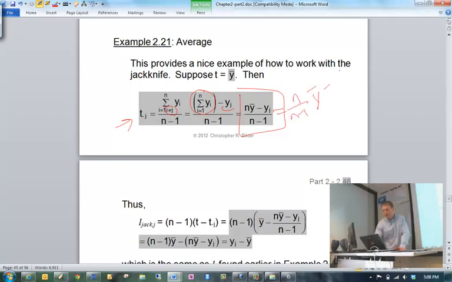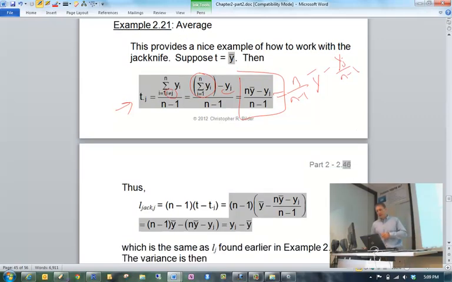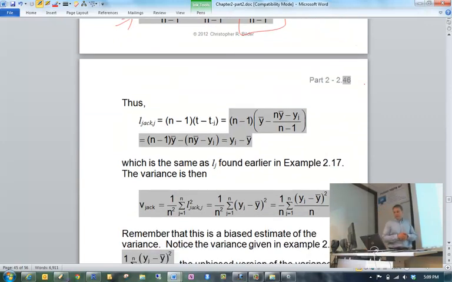And you can see the effect that working with the jackknife has on your statistic when you remove that one particular observation. Obviously, as n gets big, the effect is less and less and less. Well, what's L jack then? Well, you can take n minus 1 times t minus t sub negative j. So that's what I did. Do a little bit of algebra.